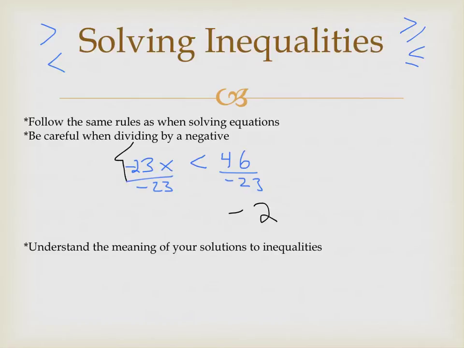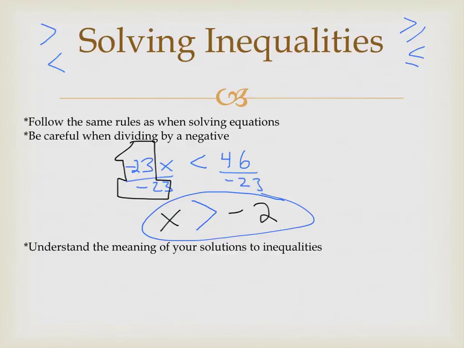This whole thing just turns into a 1 times x, which is just x. But the issue is, when you're solving an inequality and you divide by a negative, you'll actually have to flip the direction that your inequality goes. This may or may not come up on your Accuplacer, but it is like a real, nitty-gritty attention to detail type thing.